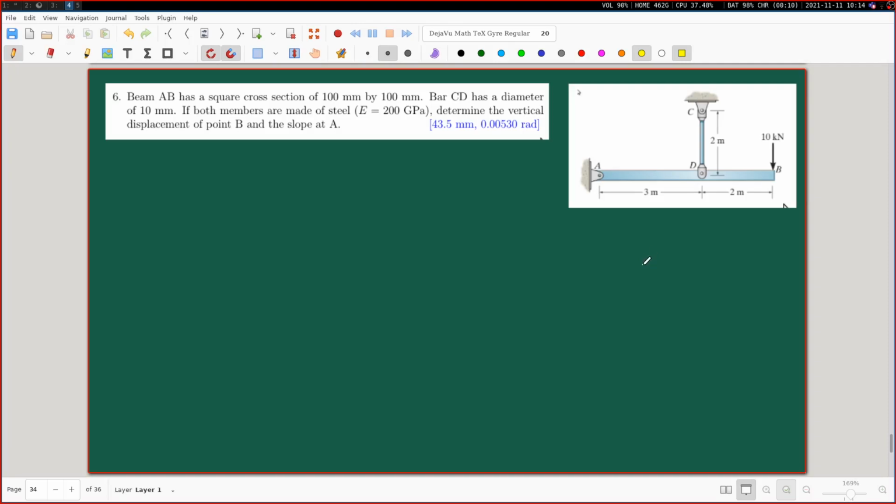Okay, you can write any number of equations, of course, considering moments about various points, but only 3 of them are going to be independent.